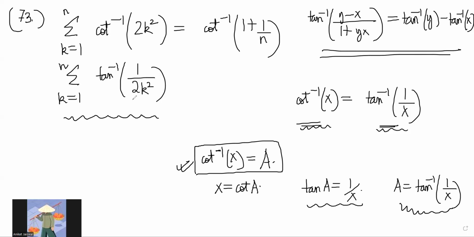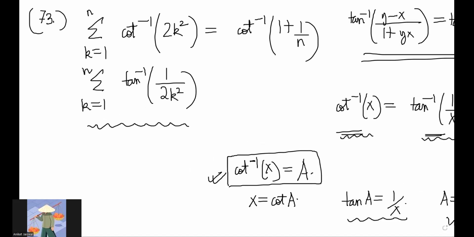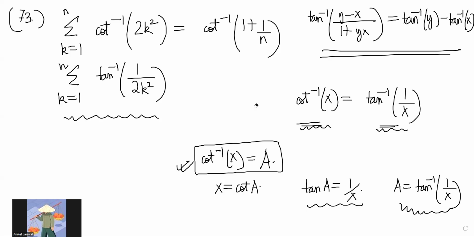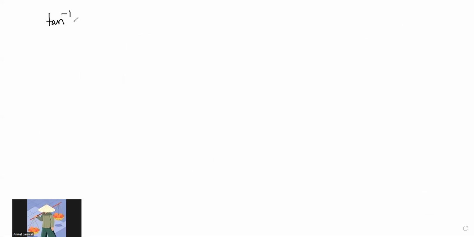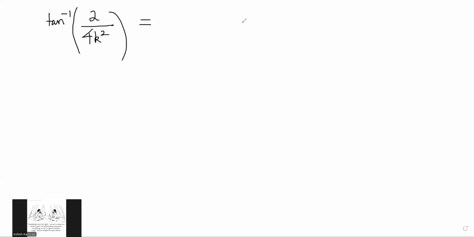So let's think of how to split this. 2k square. The first hint is to write it not like this. 2k square is not nice, but this is much better: 2 upon 4k square. And notice that in the denominator you always have a 1 plus something.